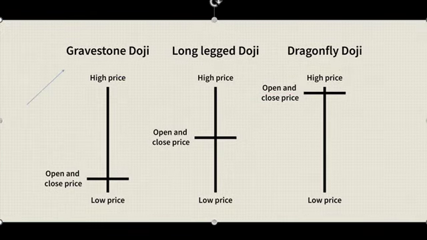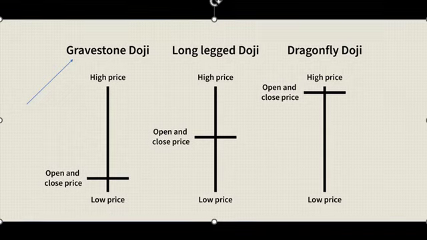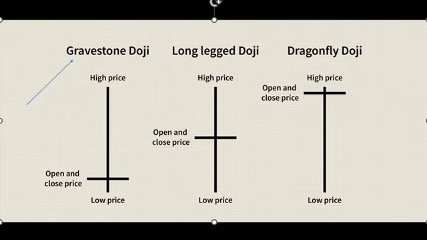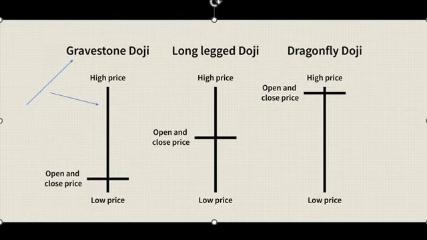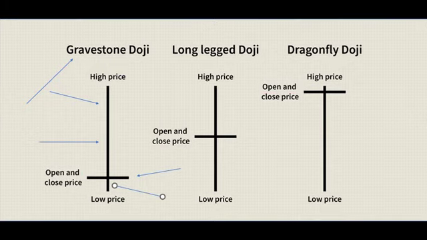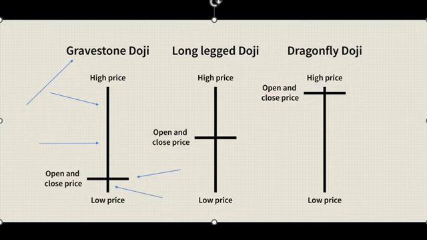As you can see on the chart here, the first one is the Gravestone Doji. It has a really big shadow, and a very small body at the bottom. After the small body, it also has a very small shadow. This is basically called a Gravestone Doji.